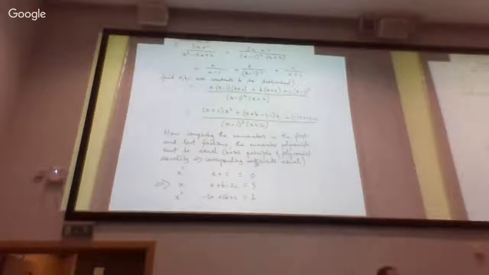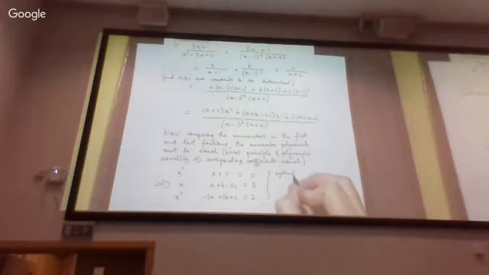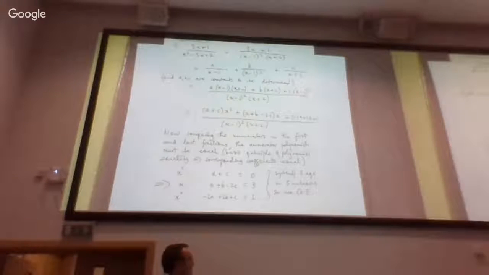So what we get is a system of three equations and three unknowns. So we can always use Gaussian elimination, the row reduction algorithm that you've learned in linear algebra, to provide us the solution to this.